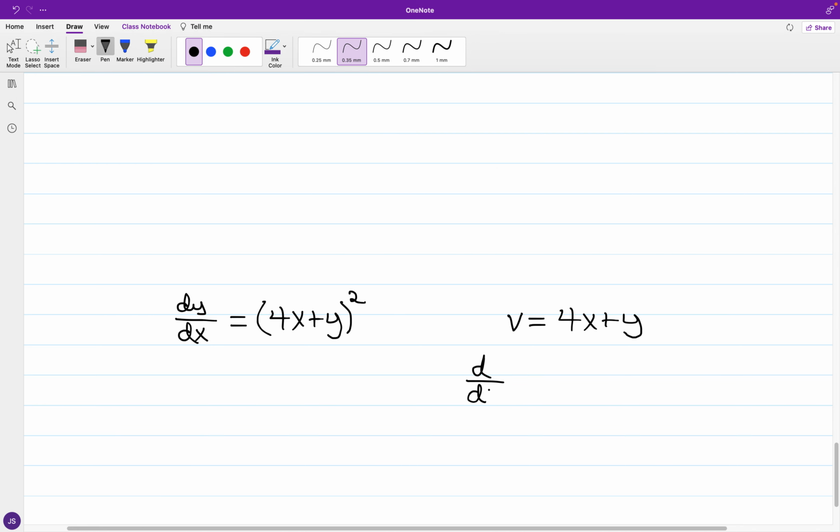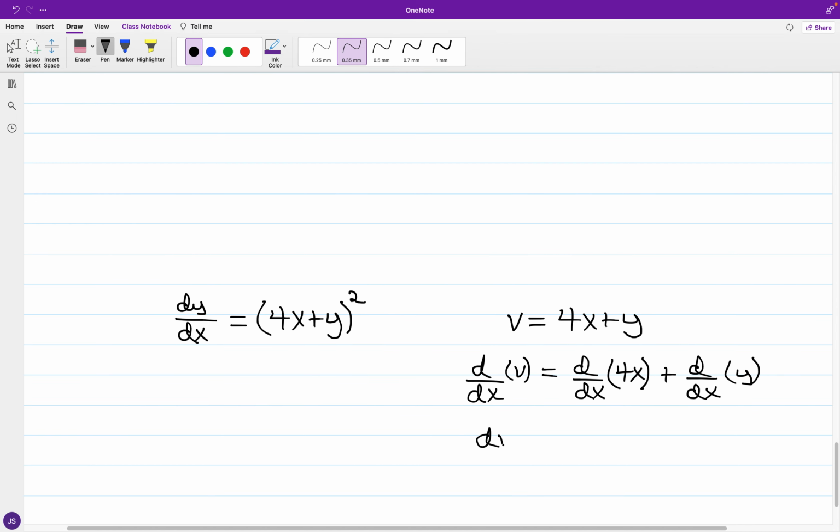So again, if I take the derivative with respect to x, you have d over dx of v, and you can say either d over dx of 4x or 4 times the derivative in x of x. Regardless, this will lead to the same term.